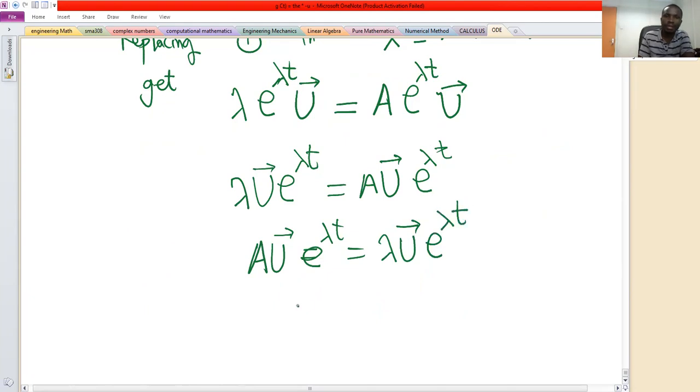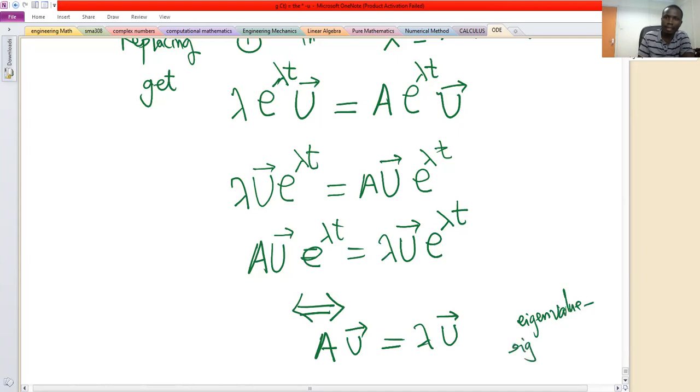And you see, this is actually the same as saying A u equals lambda u, which is the eigenvector equation that we started with.